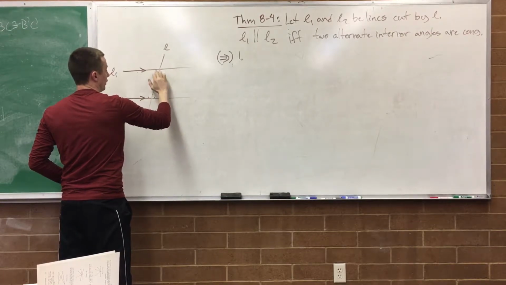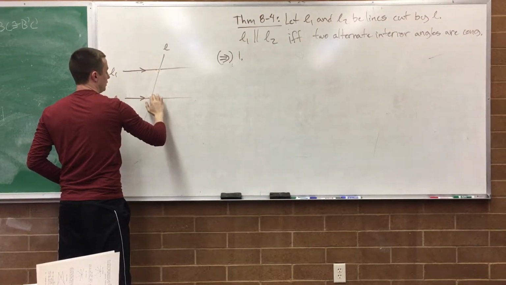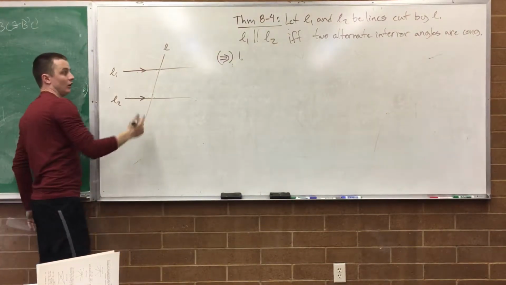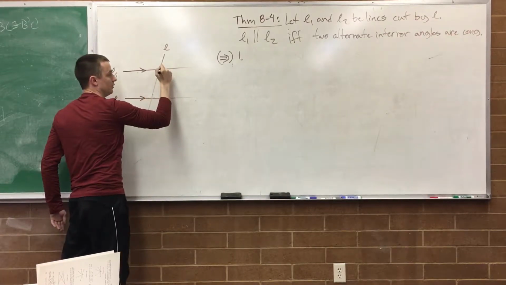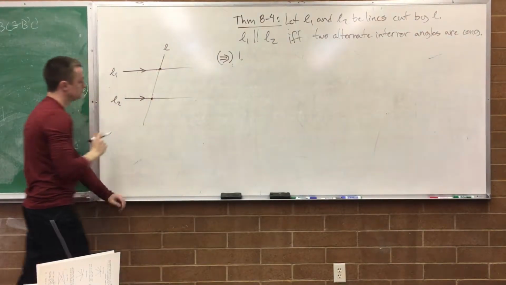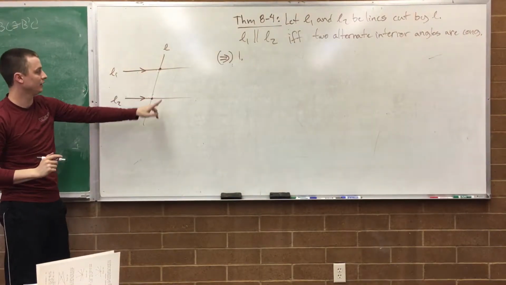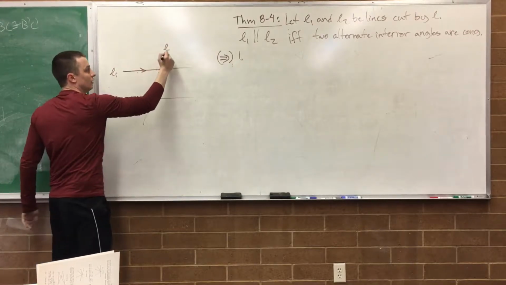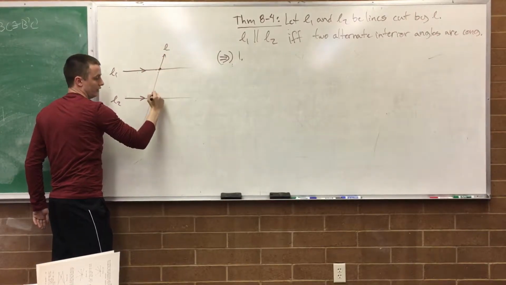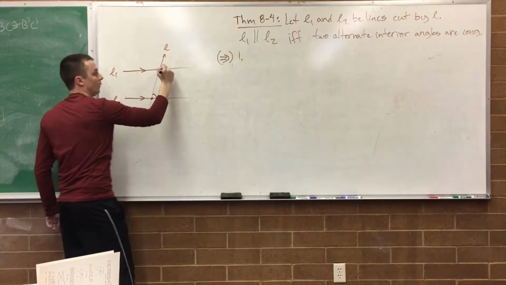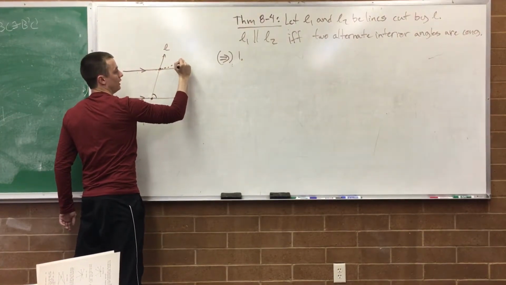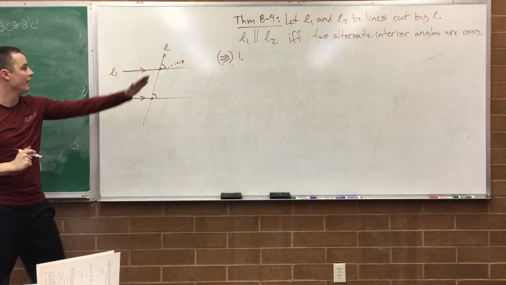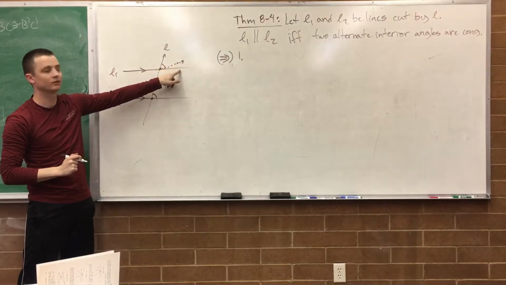So all we know so far is that those two lines are parallel and that L intersects both these. So here's my thought process for that, similar to what we already did. I'm going to come up here and make an angle using this ray. Make an angle congruent to this angle. So we've got this angle right here. I'm going to come up and make some ray here so that that is congruent to that. And I'm going to show that this side has to be the same as this.